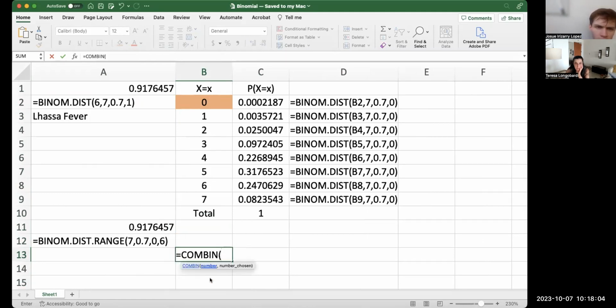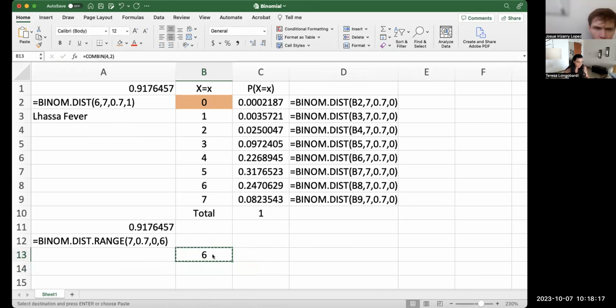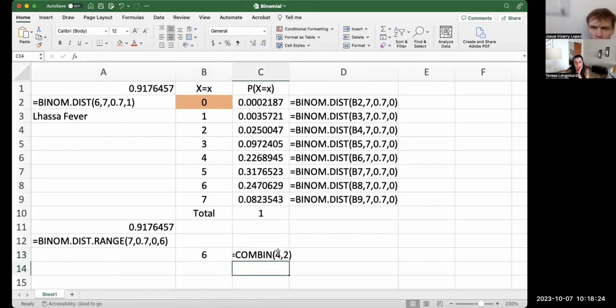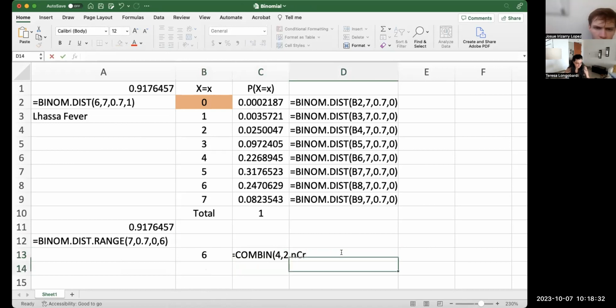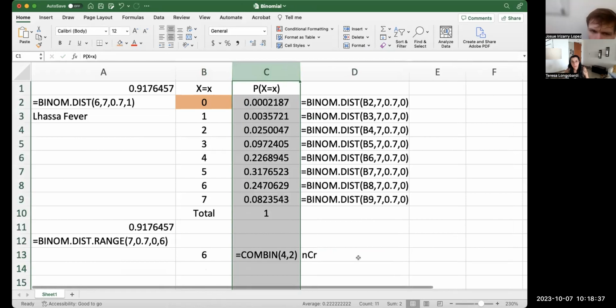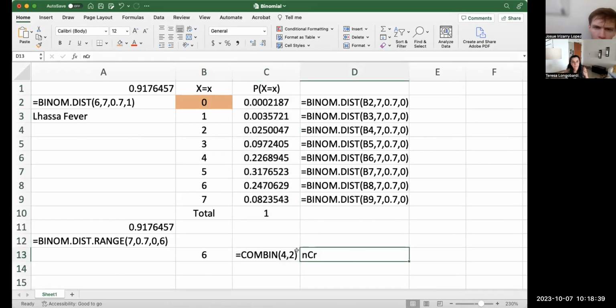You should be able to do 4 choose 2, which should be 6. So that's also in Excel. Combinations, like the NCR function on your calculator. And there's a lot.